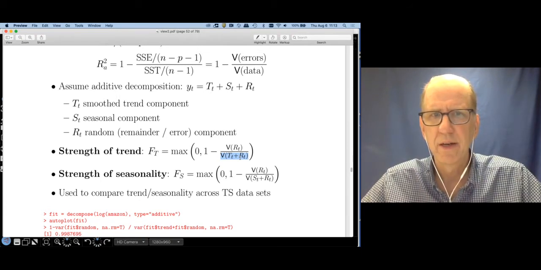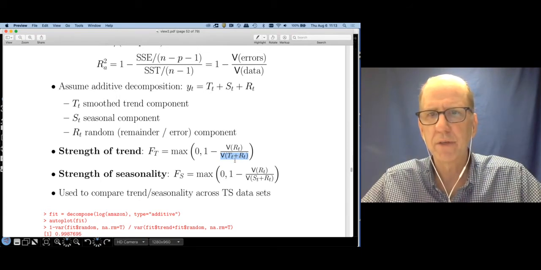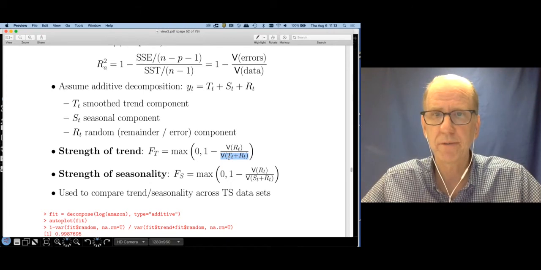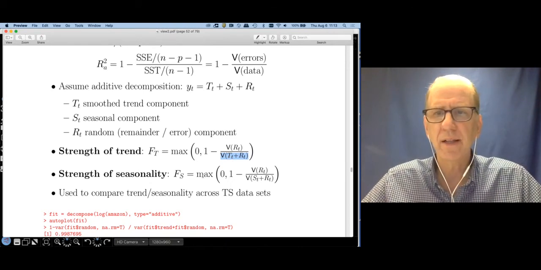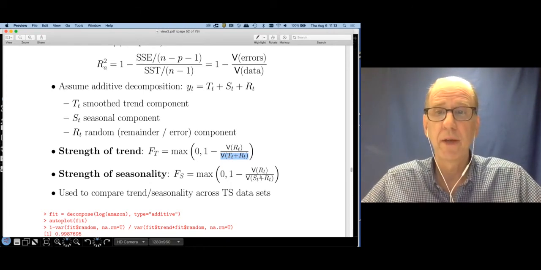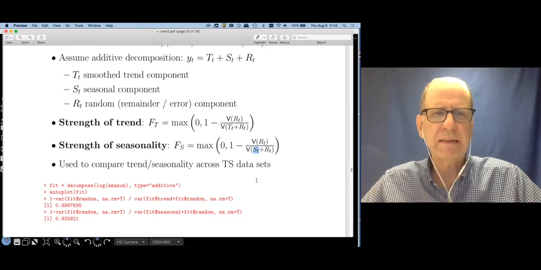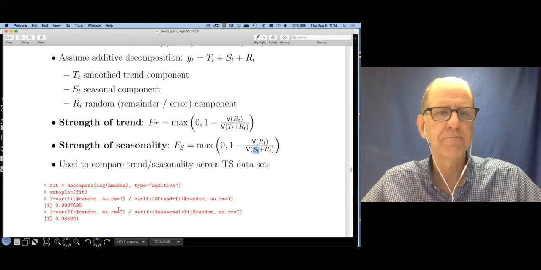So it's kind of like what fraction of the variance in the trend plus random is due to the trend as opposed to the random part. The strength of seasonality is going to be very similar to that, except that I'm just going to put the variance of my seasonal component in instead of the variance of the trend part, cycle trend part. And so I don't know of an easy way to compute this other than doing it directly.